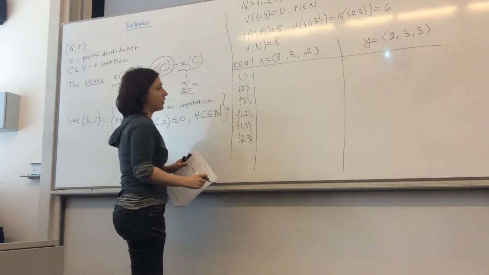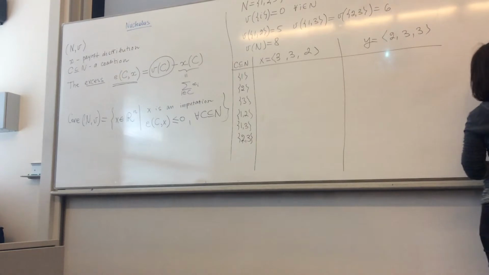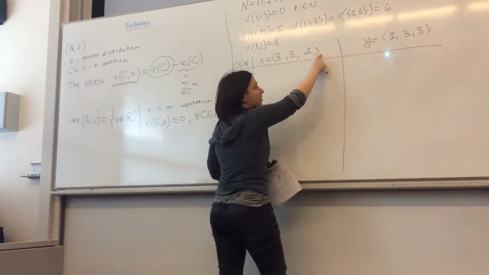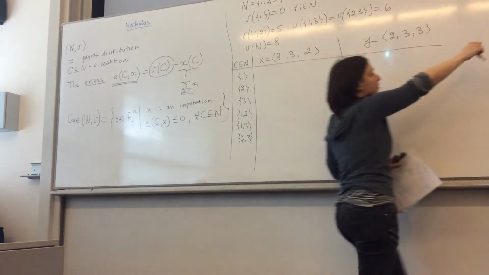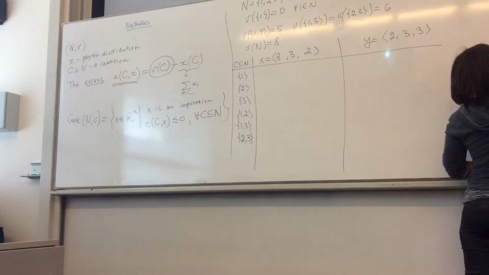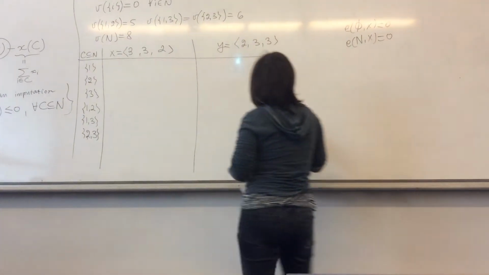Now note that for always actually the empty coalition and the ground coalition, if I am given imputation vectors, I can always exclude those because their excesses under any imputation x would be 0. Why is that?